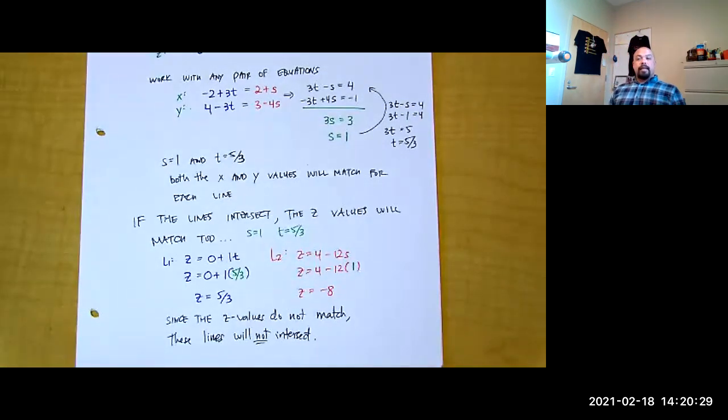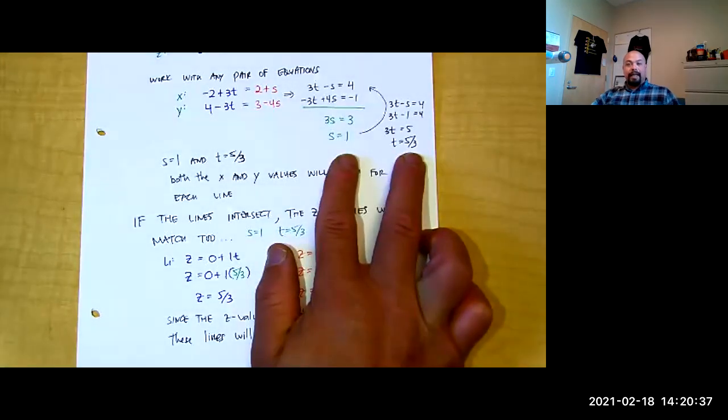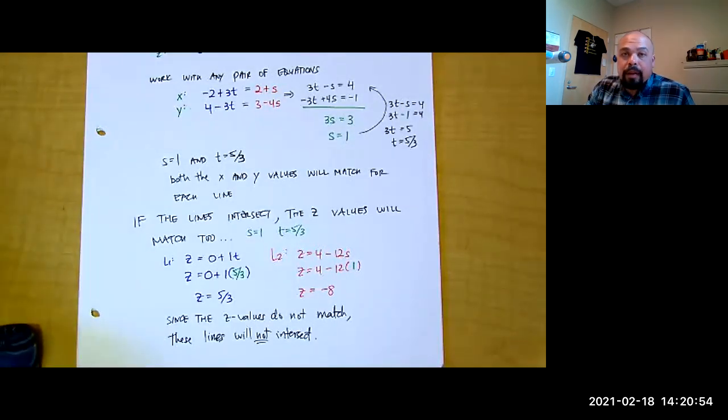Okay, if they did intersect, x, y, and z would all match, and we'd have exactly what parameters, what instance in time, we need to look for those two to have the same x, y, z values. All right, I'll leave it at that. Next lecture, next discussion, we'll start to talk about the equation for planes, okay?